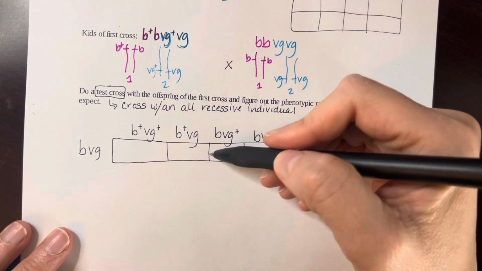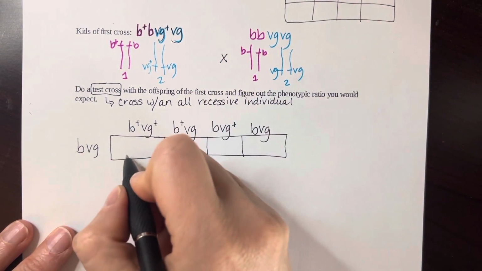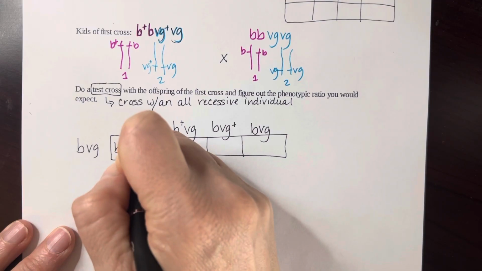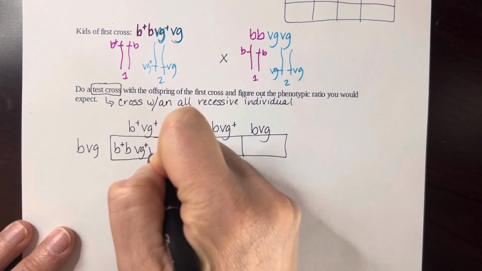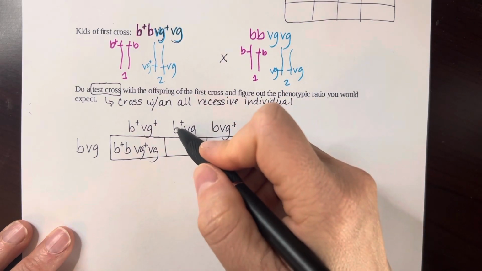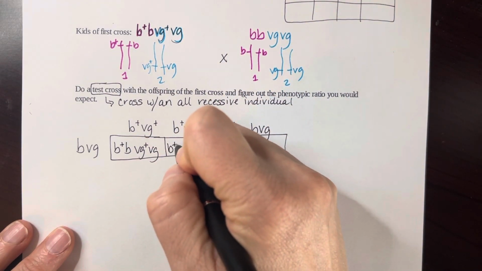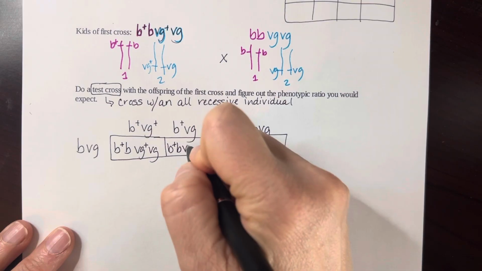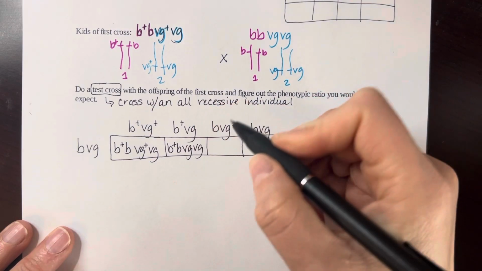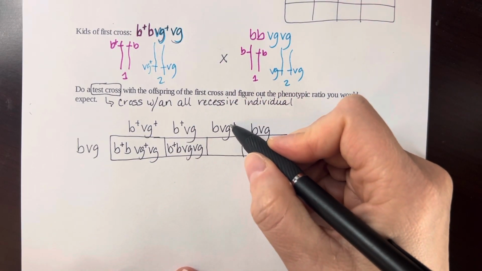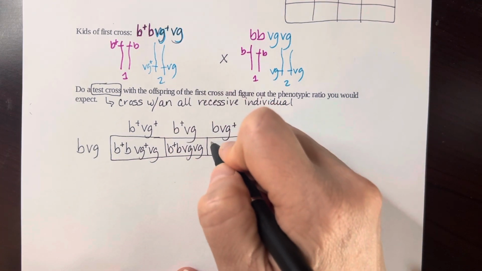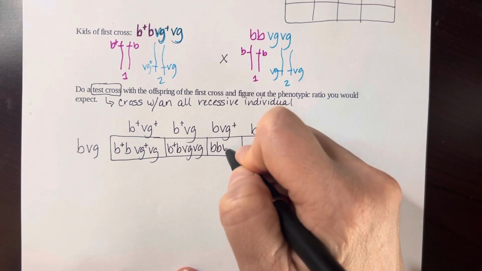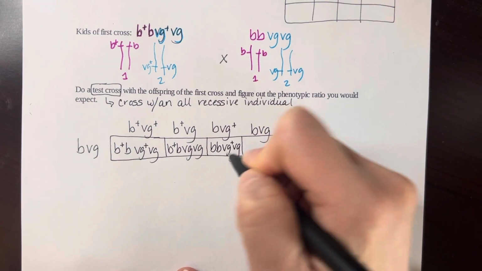All right here. So the first kid could be B plus B, VG plus VG. Second type of kid, B plus B, VG, VG. Next kid, B, VG plus, VG.